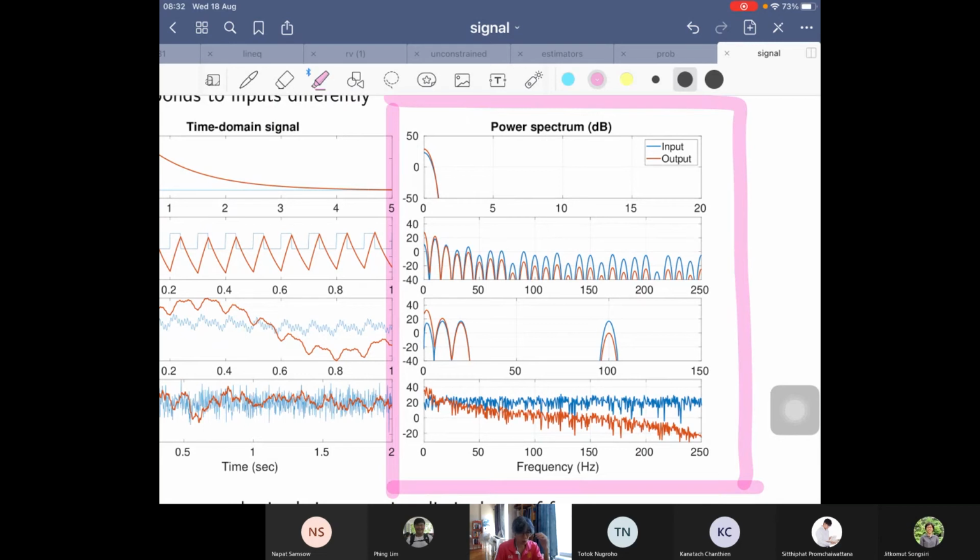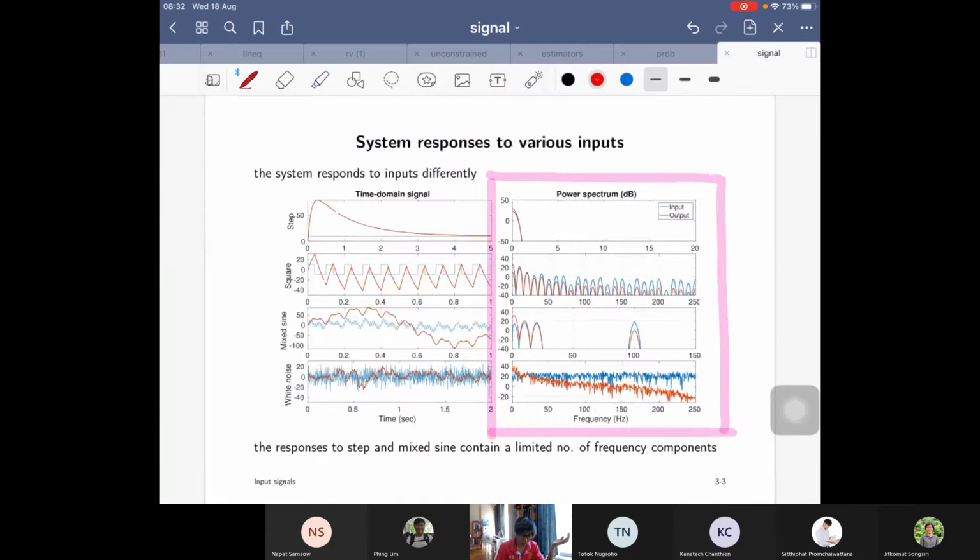Remember that the goal of system identification is to estimate the model G. We would like to extract all the information in G. If G is complex, G has many dynamical modes. For example, if G is order 100, there will of course be 100 poles.